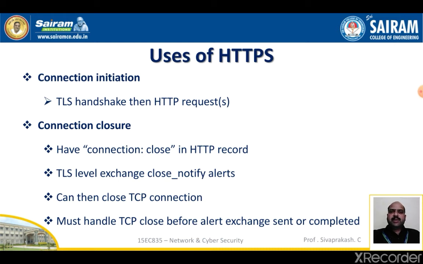A TLS implementation may, after sending a closure alert, close the connection without waiting for the peer to send its closure alert, generating an incomplete close. This should only be done when the application knows, typically through detecting HTTP message boundaries, that it has received all the message data that it cares about.